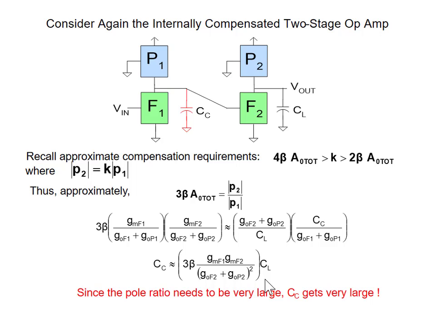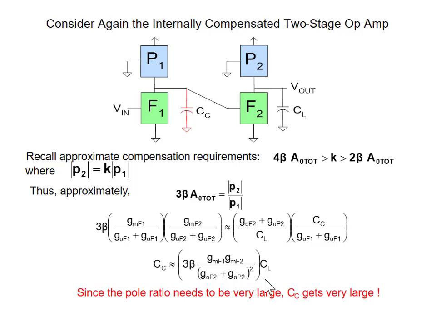So let's assume now that I want to compensate the circuit so that the pole spread, P2 over P1, is in the middle between 4 beta A naught and 2 beta A naught. So I'm going to compensate it for 3 beta A naught. So I want to make this pole ratio equal 3 beta A naught.